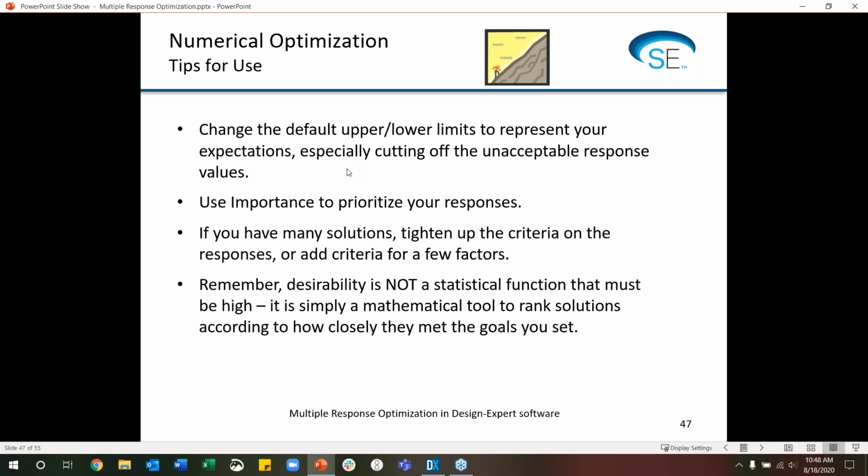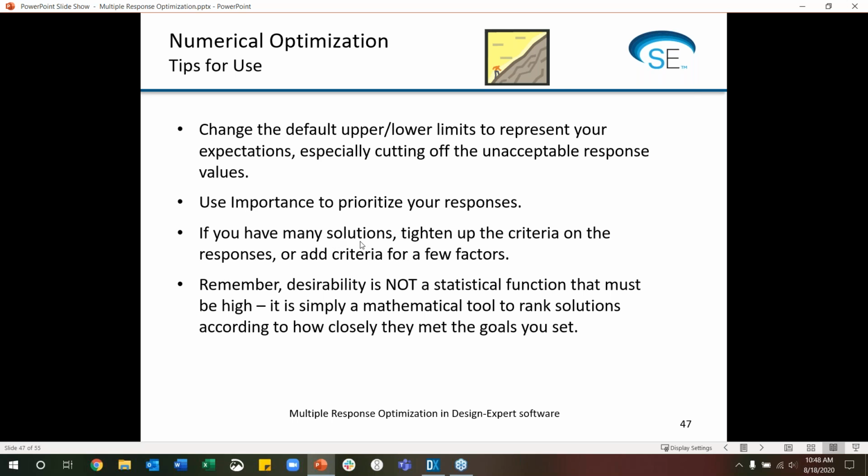Okay, some tips for using numerical optimization. Make sure that you change the default upper and lower limits to represent your expectations, especially cutting off those unacceptable response values. That's really, really key that people miss. Use importance to prioritize your responses.